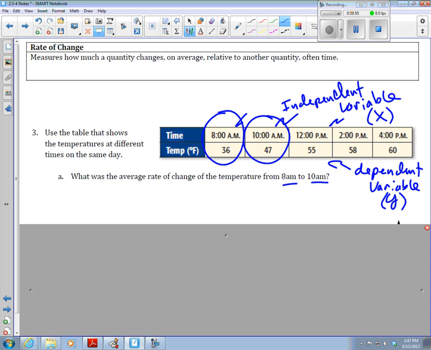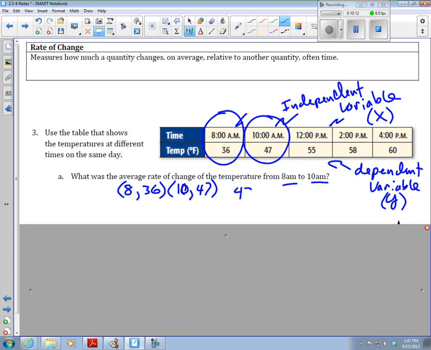Well, if you looked at them like ordered pairs, it would be 8 a.m. to 36 the temp, and 10 a.m. to 47 the temp. So rate of change is basically like change in y over change in x.